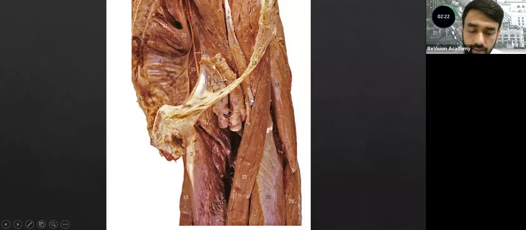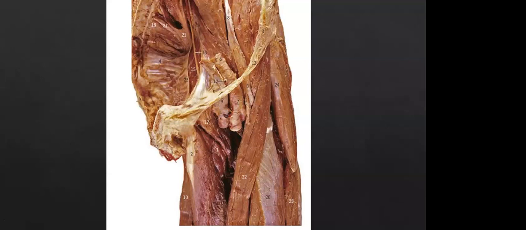Can you please tell me the boundaries of the adductor canal? Laterally is vastus medialis. Anteriorly I think it's sartorius. What else?